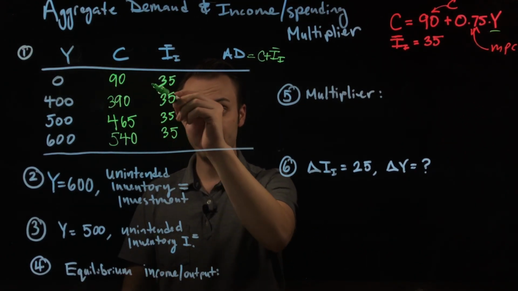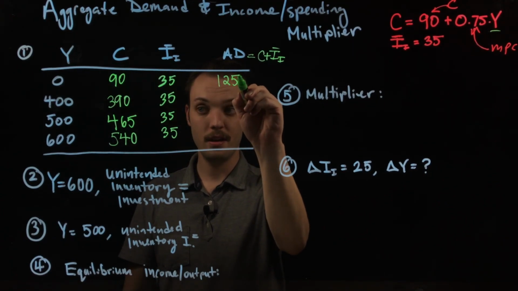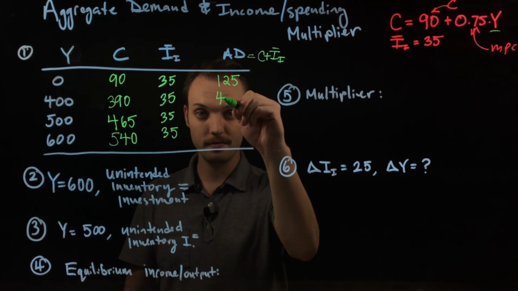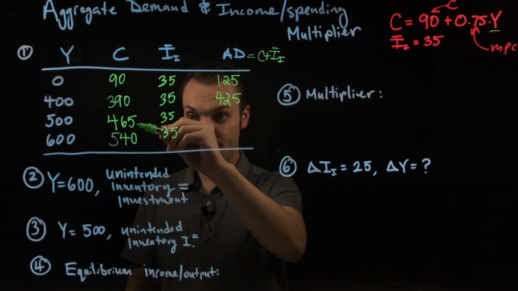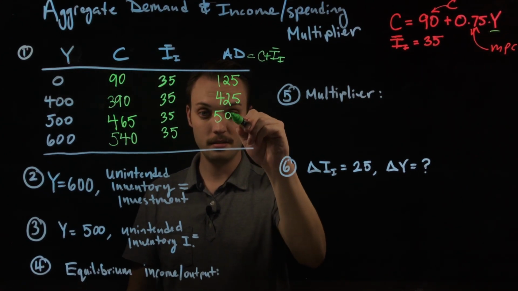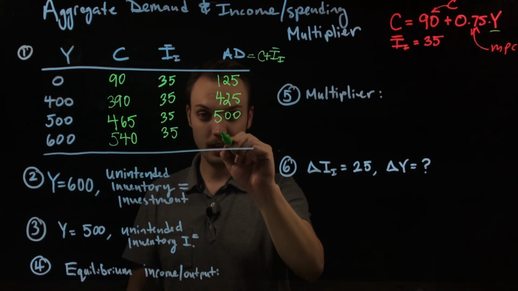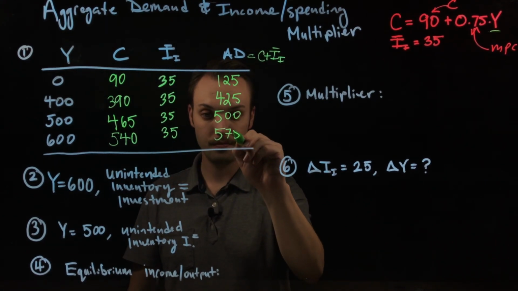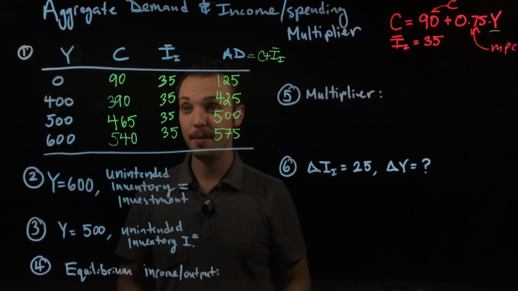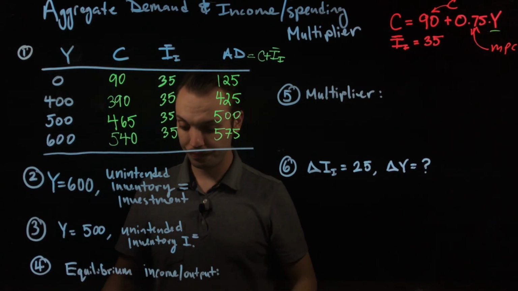So we have 90 plus 35 is 125. 390 plus 35 is 425. 465 plus 35 is 500. And 540 plus 35 is 575. Okay, so that's the first step. That table's completed. We have the level of aggregate demand, consumption, and of course intended investment, at every level of income.